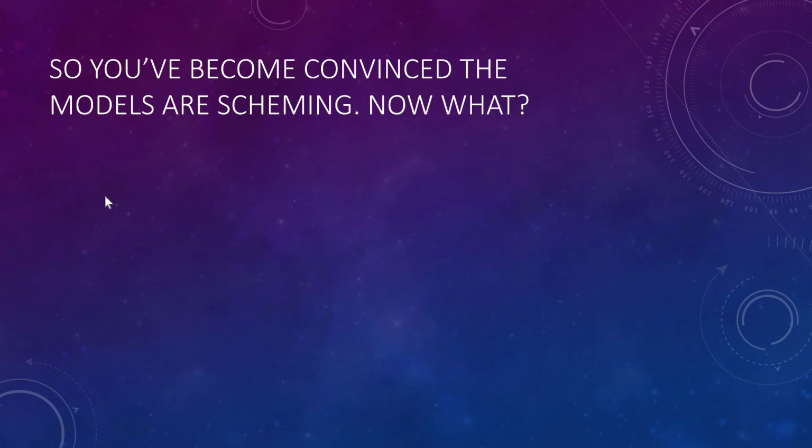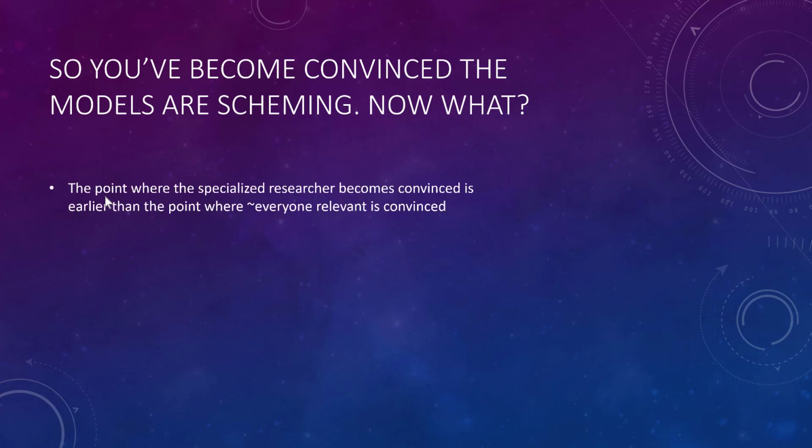The next question is, let's say that somehow you, Buck, become convinced that the models at OpenAI are scheming in some sense. I'm interested in hearing more about what would happen at that point. Presumably, if you are specialized in detecting collusion, then you are the first person who becomes convinced of this, and it will take quite a while until everybody is convinced.